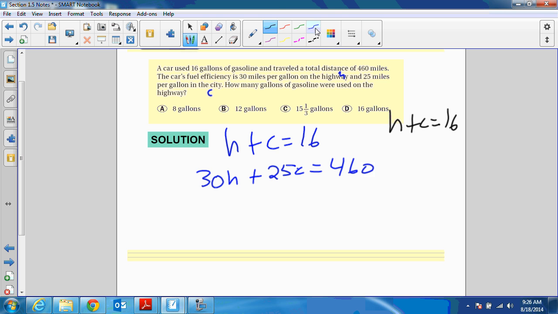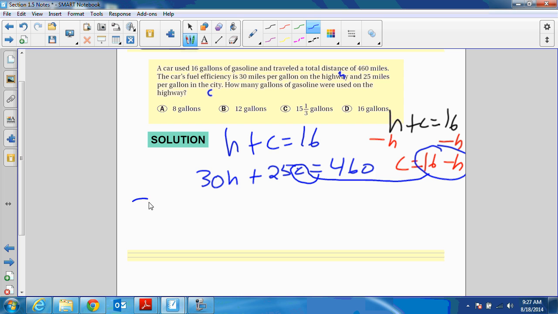Let's get C by itself. So let's subtract H. So I know that C equals 16 minus H. Okay, so city equals 16 minus the highway, which makes sense. Whatever the highway uses, 16 minus that is going to be the total of it. Then I'm going to substitute what C equals, 16 minus H, in for C in this equation.